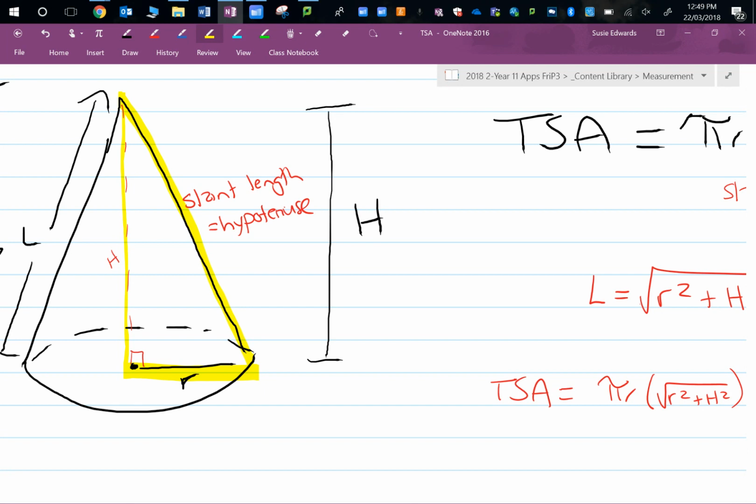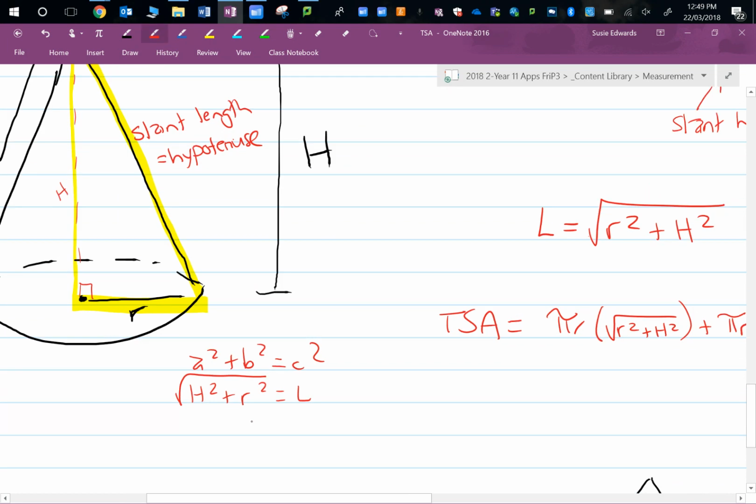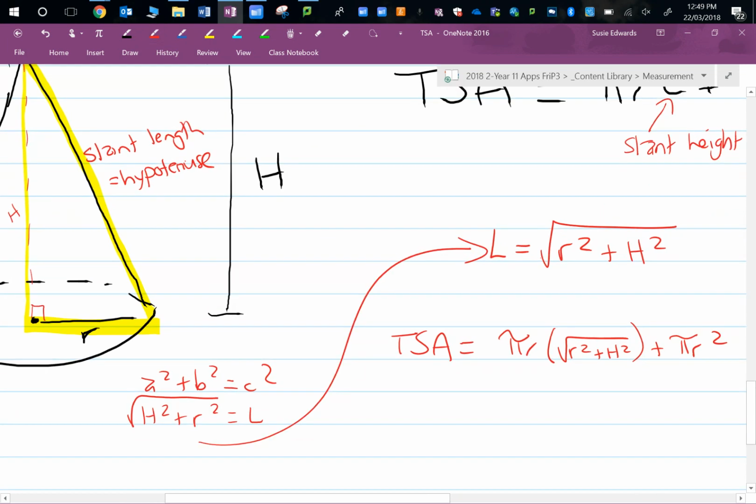So when we use Pythagoras, we look at A squared plus B squared equals C squared. So if we put these in, we're actually saying H squared plus R squared equals L squared. That's that slant length, yeah? So to get rid of the squared, we make it the square root. So that's where this comes in. So L is the same as saying the square root of R squared plus H squared.